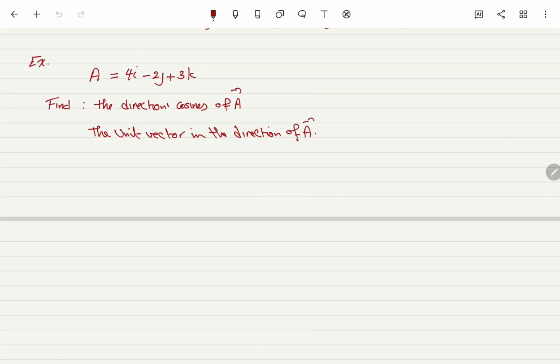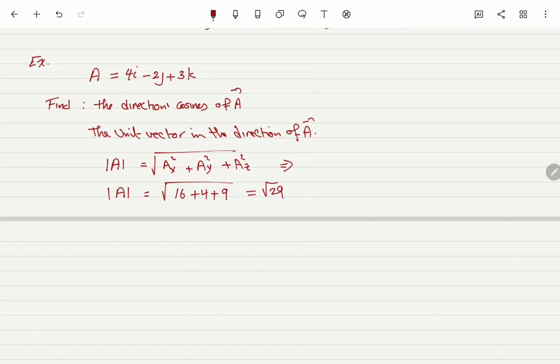To solve this one, let's find the magnitude of vector a, which is equal to square root of ax square plus ay square plus az square, and in this case the magnitude of a equals square root of 16 plus 4 plus 9, or square root of 29.